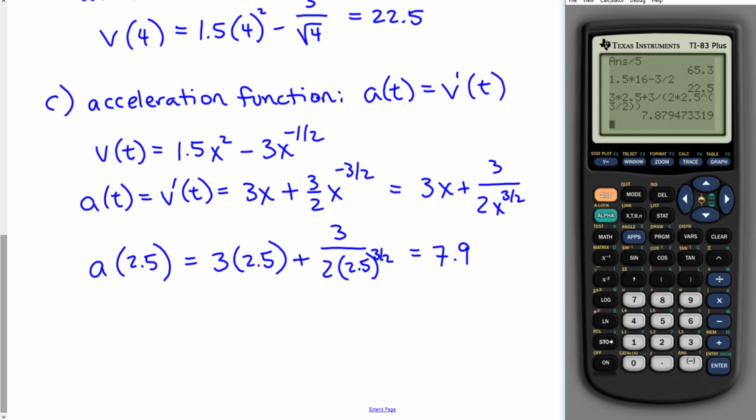That's our acceleration. Now again, we never specified what units of measure we had here, if it was feet, inches, or whatnot, but we did specify time, which was seconds. So whatever our units are, the position is measured in those units. The velocity is that unit divided by seconds, so units per second.